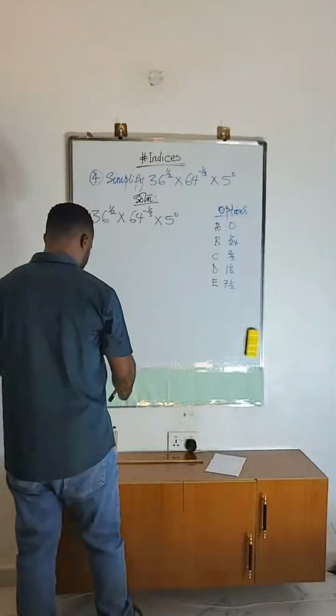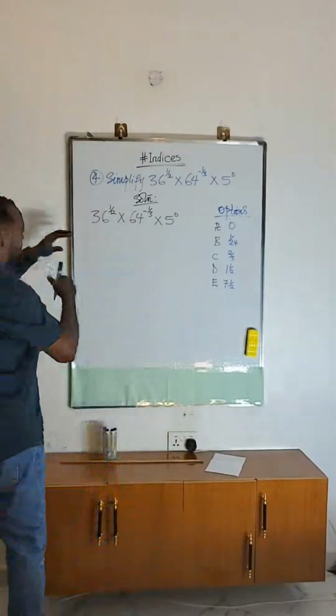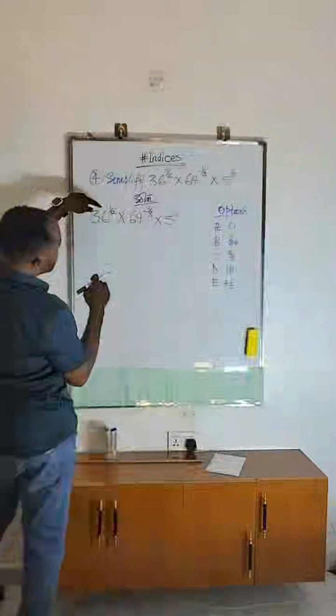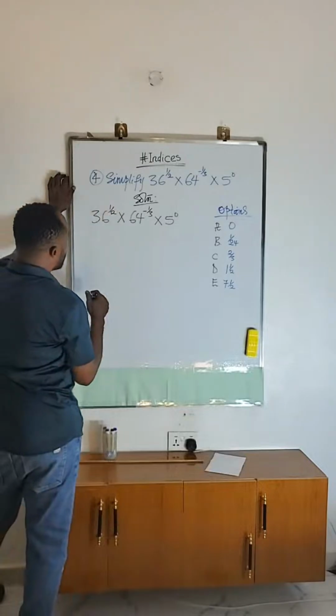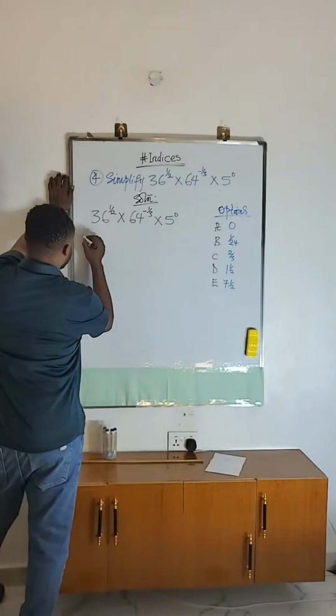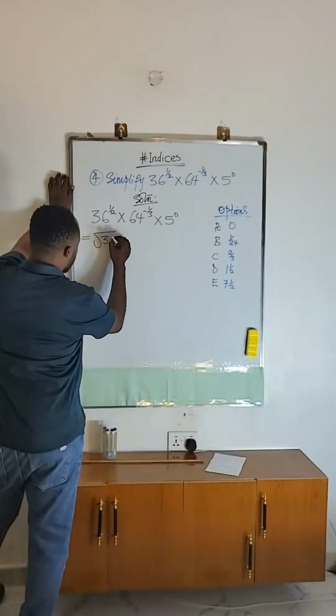Okay? So, let's go. 36 raised to the power of 1 over 2 is the same thing as square root of 36.